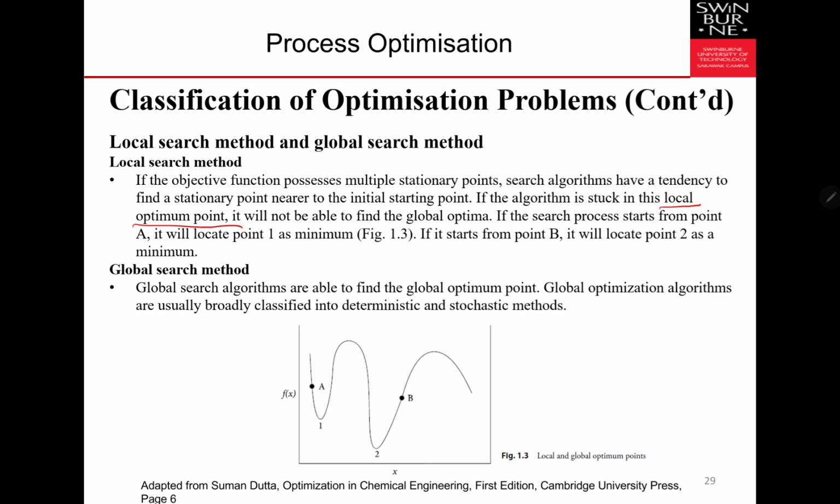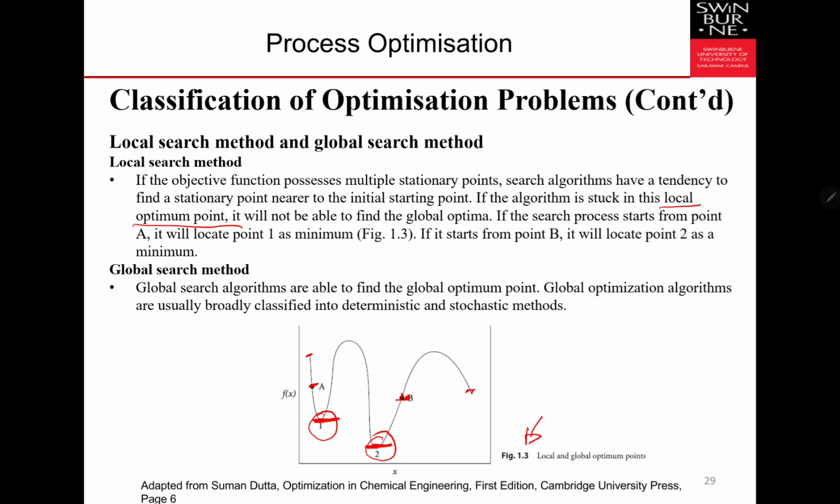For example, in this particular scenario, as described in this figure 1.3, if the search starts from point A, it will locate point 1 as a minimum. If it starts from point B, it will locate point 2 as the minimum. So for this particular curve, we know that point number 1 is definitely not a global minimum, whereas point 2 is a global minimum.